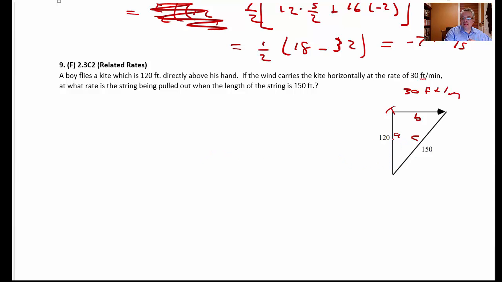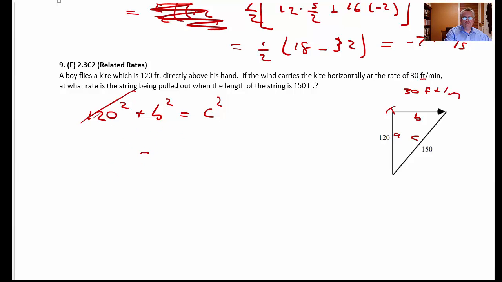This 120 is staying constant, though. So we have the Pythagorean theorem, 120 squared. The reason why I'm not putting A in is it's going to stay 120. That height, vertical height's not changing. Plus B squared, that is changing, equals C squared. That's changing too.